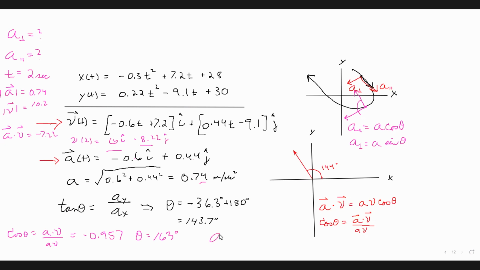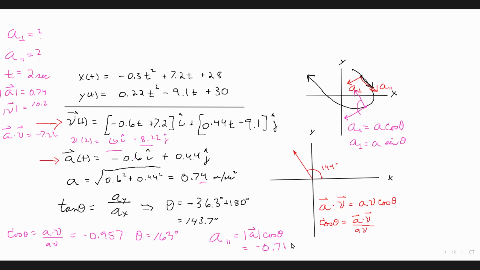So A parallel is just the magnitude of A times the cosine of theta. And I get minus 0.71, let's call it.